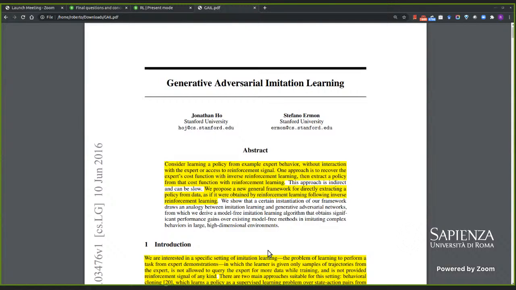So the goal is recovering the reward function that was leading the expert to that behavior, and then by means of this reward function performing reinforcement learning on top of this. And why would you want to do that? Because it's well known in literature that the reward function is the most succinct representation of a task.